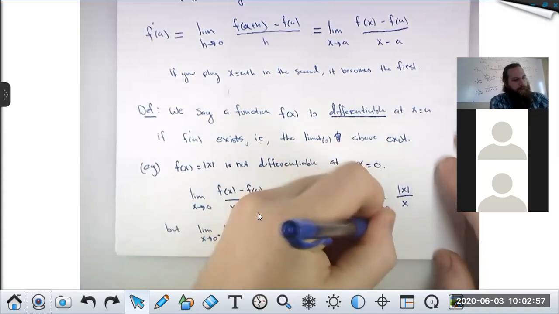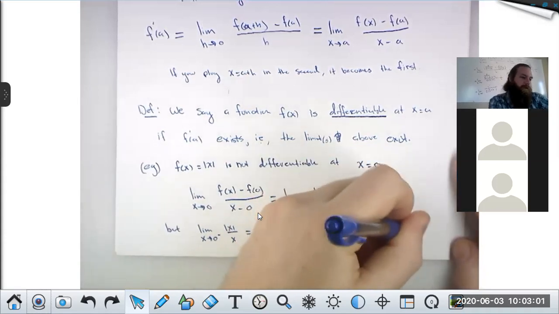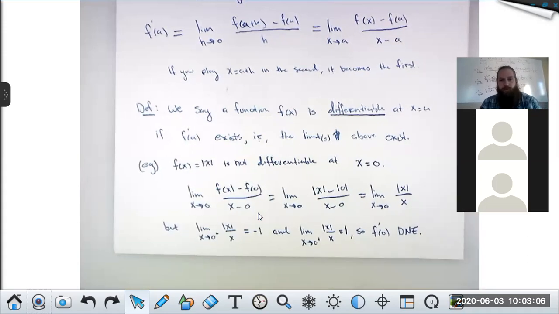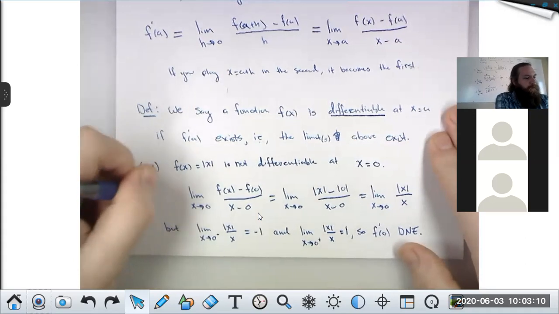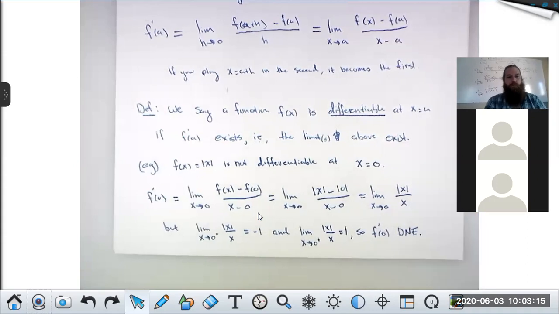So the limit above, defining f primed of 0, does not exist. I should write it here: f primed of 0 would be this limit. But since that limit doesn't exist, f primed of 0 does not exist, which means that the function, the absolute value of x, is not differentiable at x equals 0.